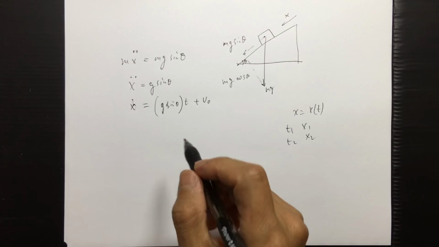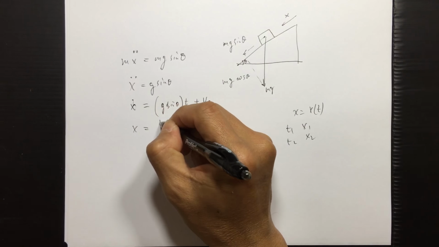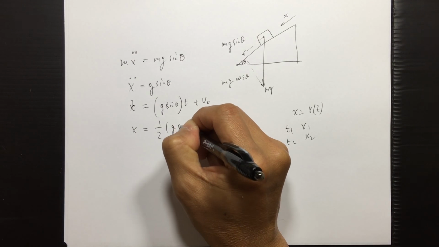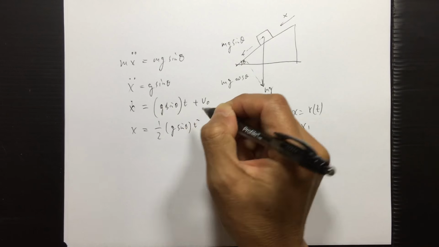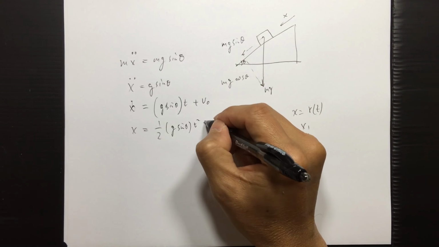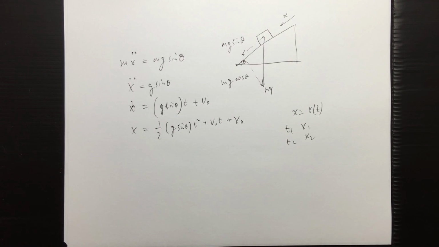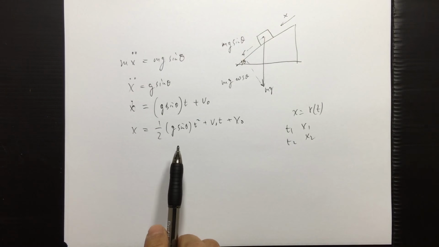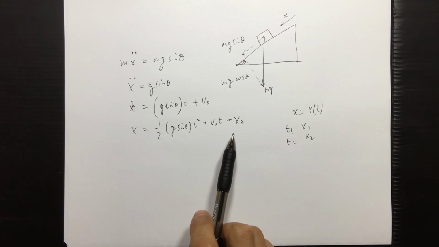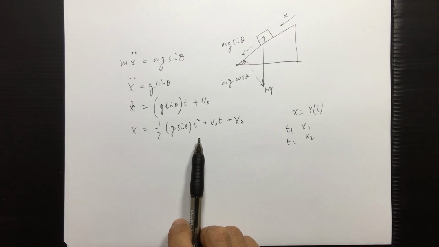You take another integral: x equals half g sine theta t squared, against t, plus v0 t plus x0. Now for this, you know, time t1 is x1, and t2 is x2.